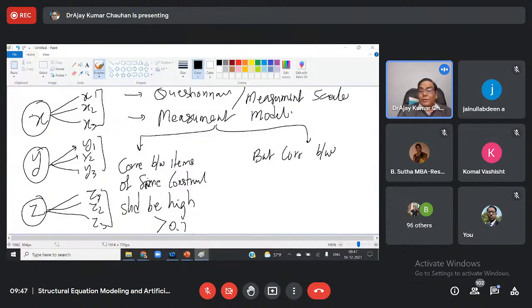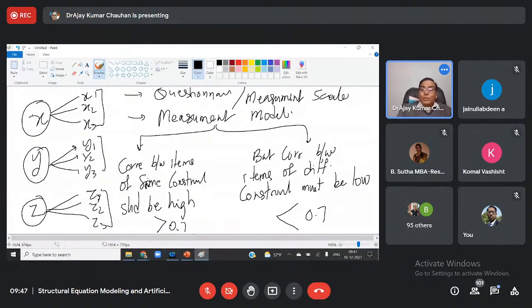But the correlation between items of different constructs must be low, and the maximum limit is 0.7. So if you see the correlation between x and y, or y and z, or x and z, the correlation between the items of two different constructs is having the maximum limit of 0.7, and according to the international standard it is 0.5.